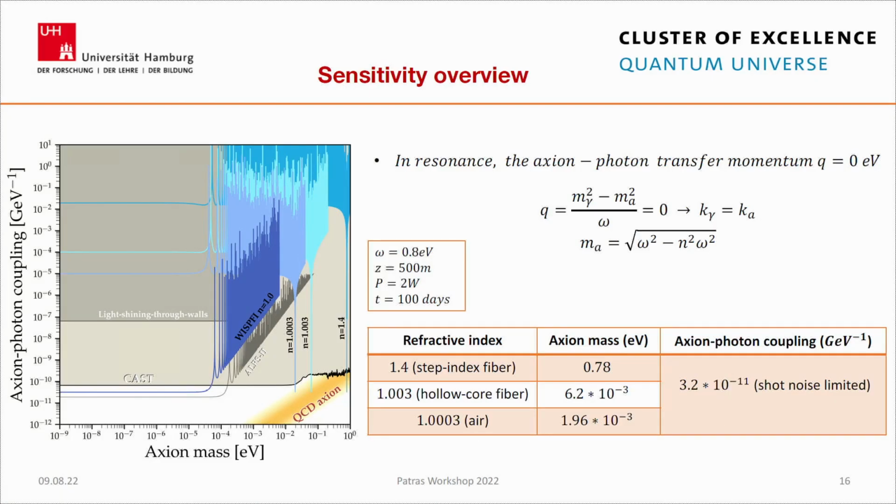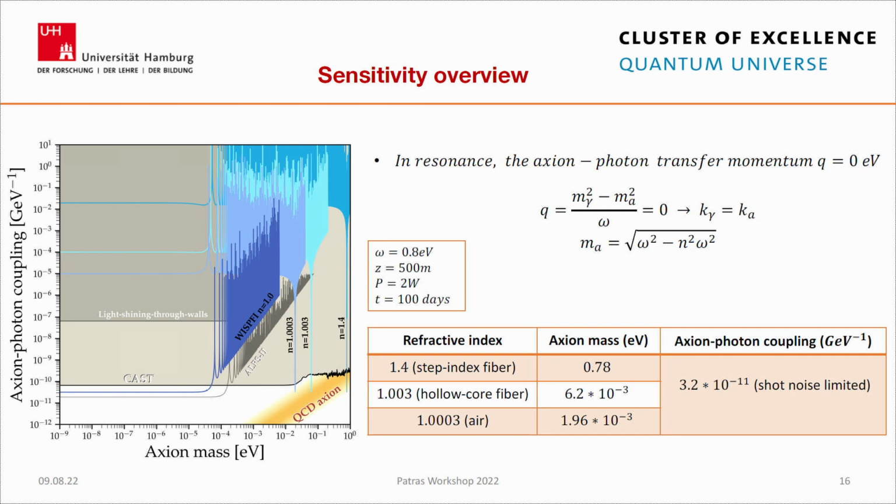First, here we have a refractive index of 1.4, which, as Jikun commented, is equivalent to the step index fiber that we are using. We achieve a coupling sensitivity of 3.2 times 10 to the minus 11, for an axion mass of 0.78 electron volts. That's accounting for the shot noise, and also assuming that we are in resonance, which means that our axion-photon transfer momentum is 0.